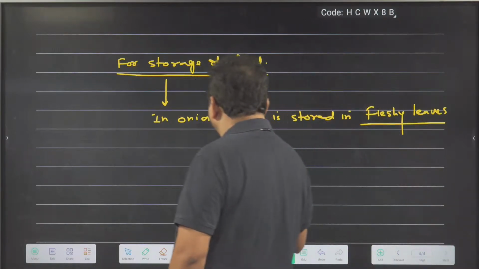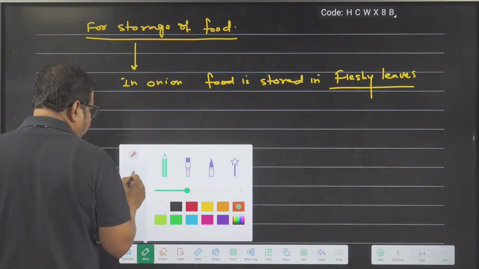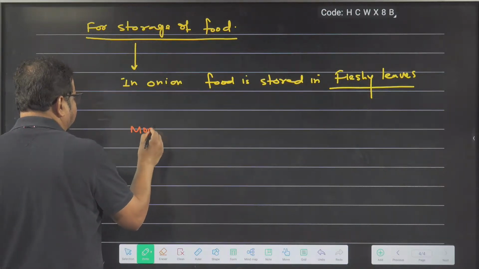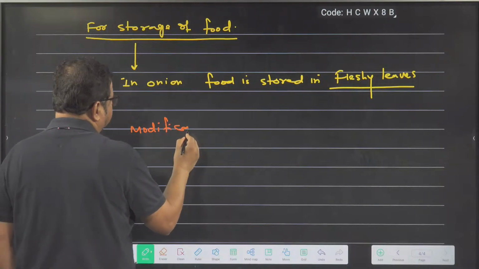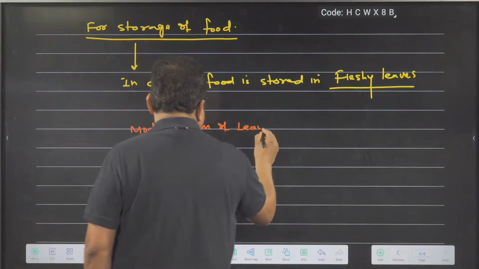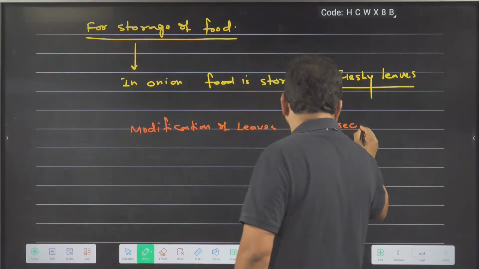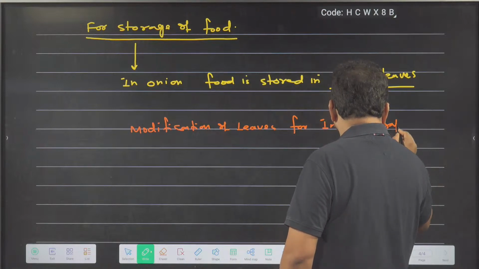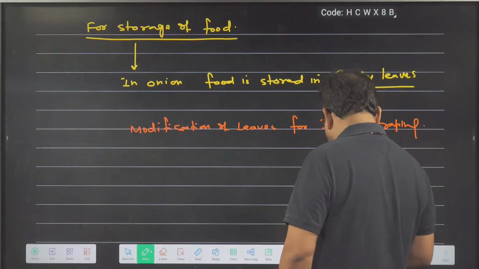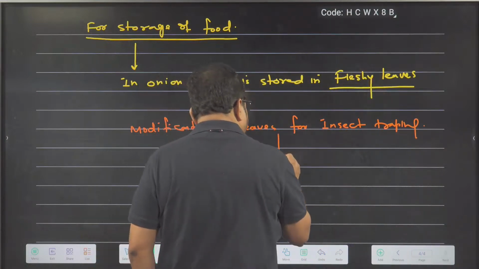Now I am going to talk about modification of leaves for insect trapping. So such type of leaf is present in which plant?